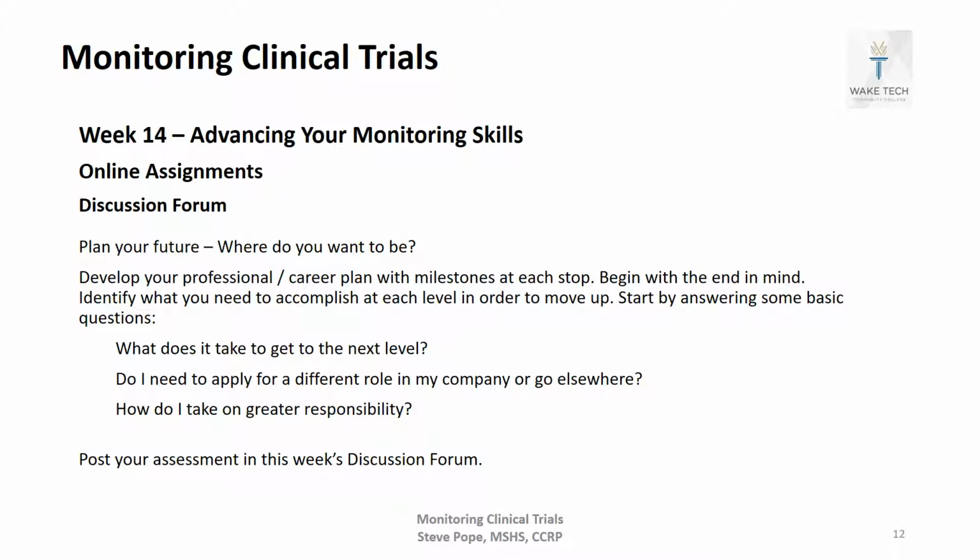I want to be in executive leadership. What are the things that I need to do in order to achieve that goal? So think in terms of maybe 3 to 4 year increments. And you're going to use some creativity here. But start by identifying what you need to accomplish at each level in order to move up.